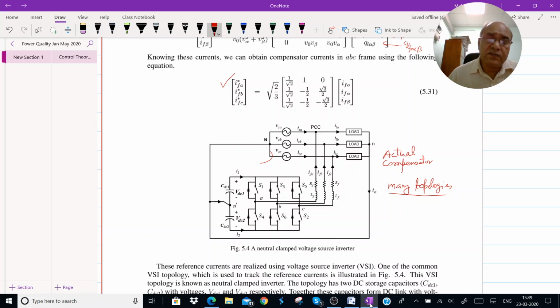The midpoint of this DC link capacitor goes to the system neutral as well as the load neutral. And obviously, for perfect compensation, all this neutral current here, I0, must be directed to this path so that no amount of current is left, that is, ISN must be equal to 0.